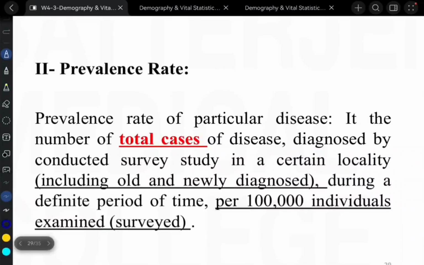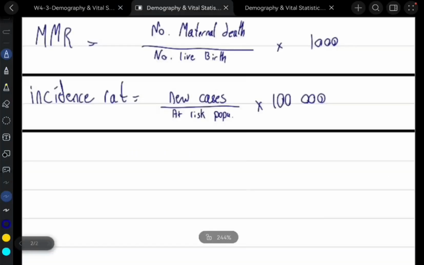And now I think we move to the prevalence. Yes, prevalence rate of a particular disease. It is the number of total cases of disease diagnosed by a conducted survey study in a certain locality, again including all the newly diagnosed during the definite period of time per 100,000 individuals. So again, it's a similar thing, but here it's prevalence, so it will be both old and new.